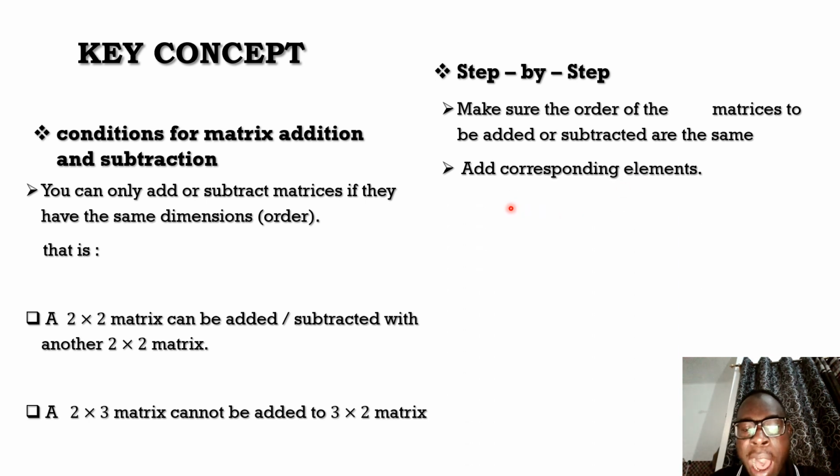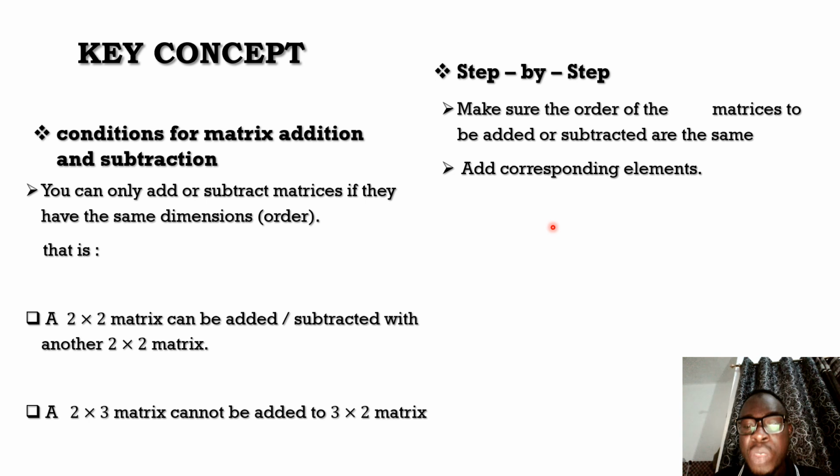Now, how do we add? We add by dealing with corresponding elements. We also subtract by dealing with corresponding elements. So if you want to add or subtract, we need to work on the corresponding elements.